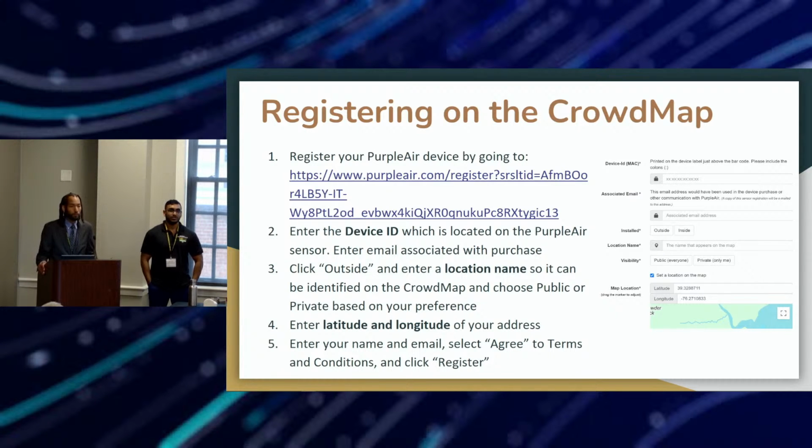Usually, for instance, with our partnership with the AME Church, it's whatever the name of the church is, AME Church, and that will be the name of that particular monitor at that particular location. It also geolocates, so it'll give you the latitude and longitude of wherever you've located it. And then once you've done that, you scroll down and hit register, and then your device is up and running. So from that point until the point of it being taken down, it is reading 24/7, 365.